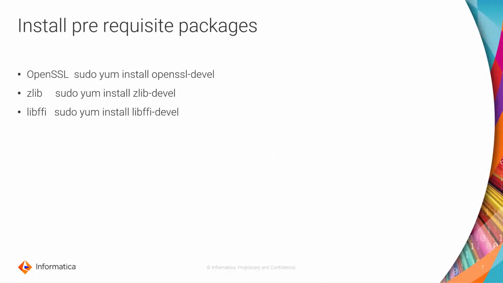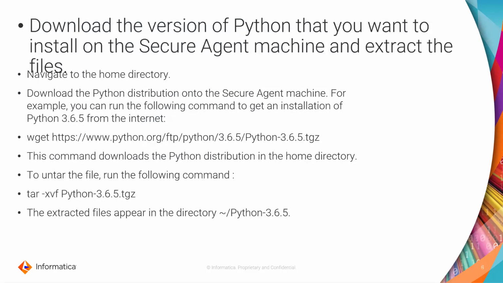The next step will be to install the prerequisite packages. The packages below, like OpenSSL, zlib, and libpy, need to be installed as prerequisites. These can be installed using these commands. The next step will be to download the Python version which you want to use.